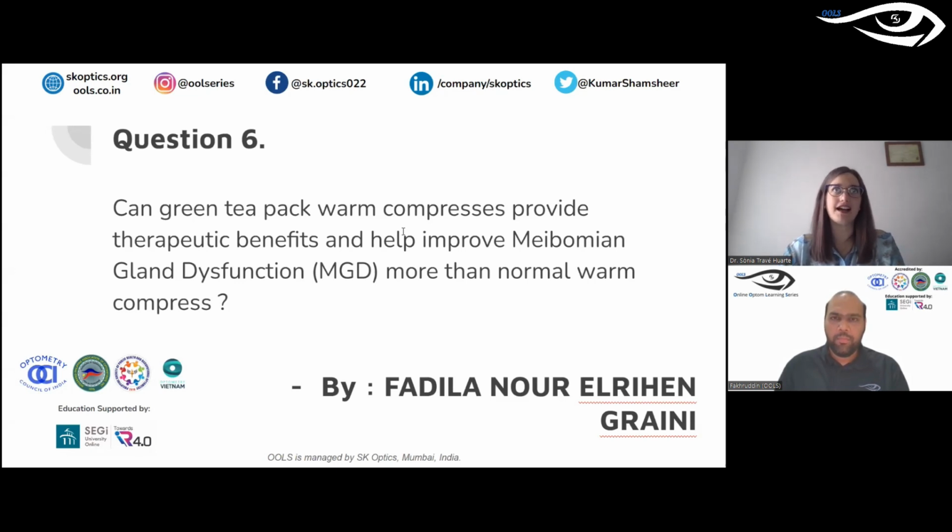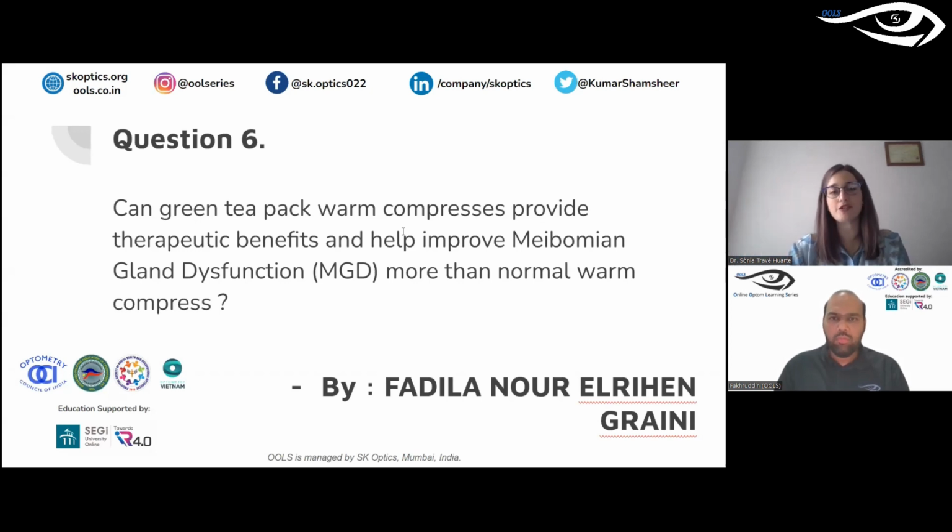It depends. What we need is those glands to reach the desired temperature, which is about 41 degrees-ish, to get the oils flowing. Eyes open, eyes closed, that will then depend on the patient. But there's a couple of studies that showcase which warm compresses hold the temperature for how long, and a comparison between them.